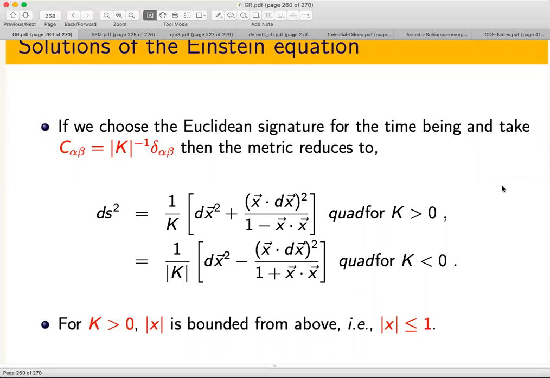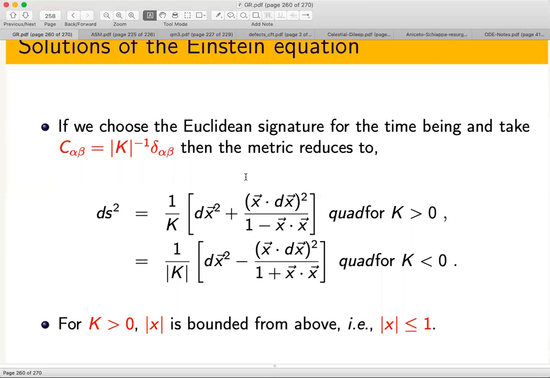Suppose we choose Euclidean signature for the time being, just for understanding how these metrics are going to look, and choose C alpha beta to be diagonal with 1 over mod k as the coefficient.